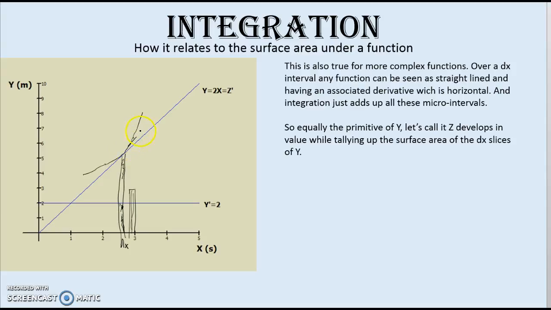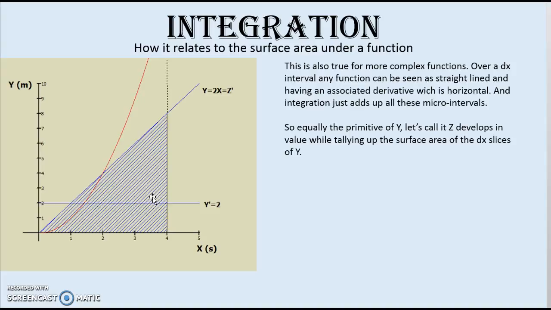So it would just go out of its straight path to form a new tangent line. From this it is clear that the primitive develops in value while it is recording the surface area of its derivative. Alright, and now we can also do it the other way around.